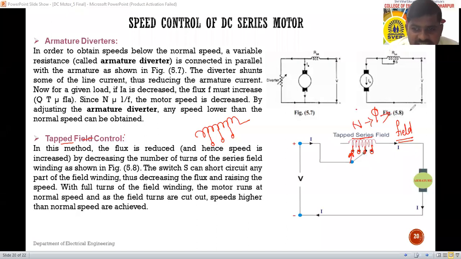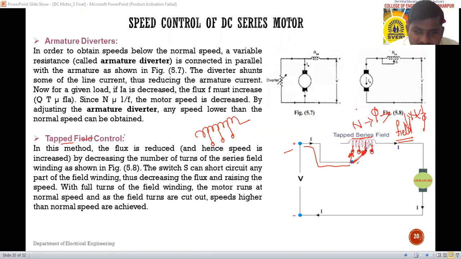If the flux increases, according to the equation N is directly proportional to 1/φ, the speed of the motor decreases. Now if we do the tapping at this point, बघा इकडून इकडे supply दिलेलं आहे, the supply is from here to here and we are tapping this point.